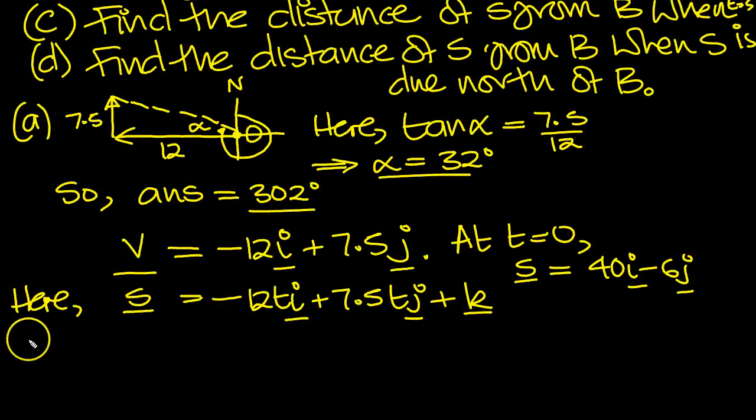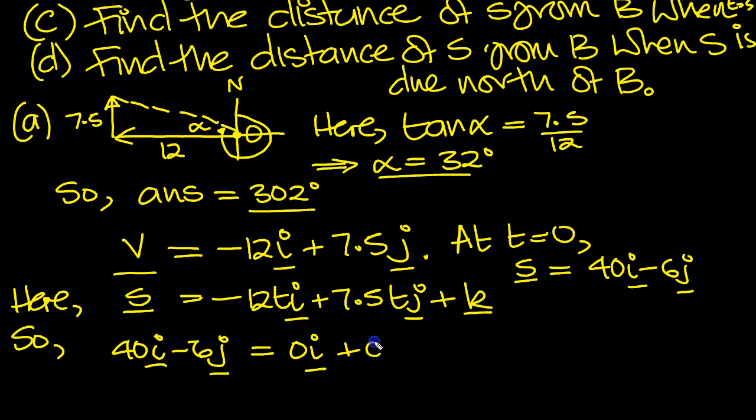So here, when t is 0, s is 40i minus 6j, so put it in here: equals, t is 0, 0i plus 0j plus k. So that tells us what k is, the constant vector: 40i minus 6j.